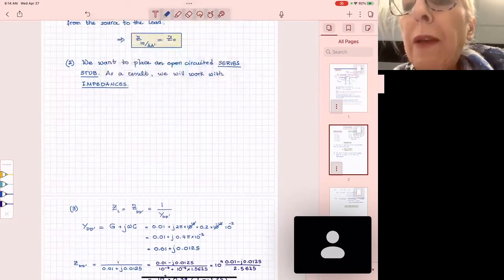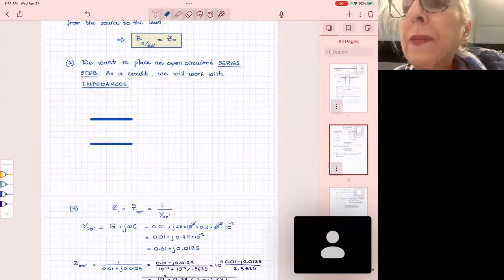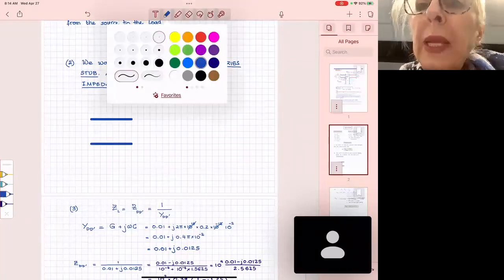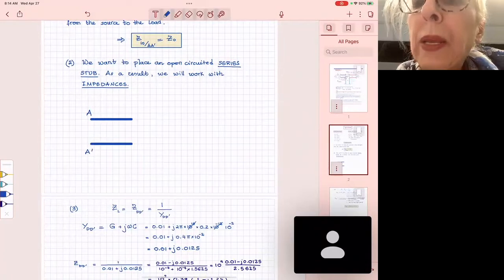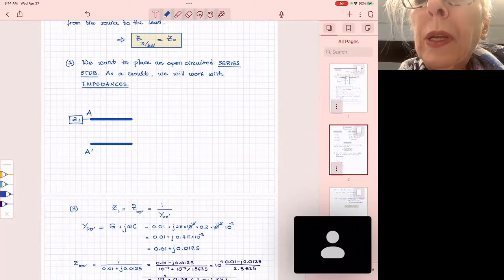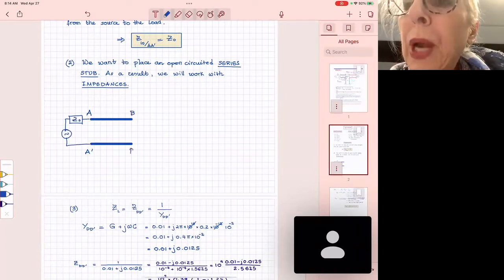So I will have a transmission line here, then this and this is A prime, and that is connected to the source. I don't change anything about the source, it remains the way it is. And then here it's B prime.